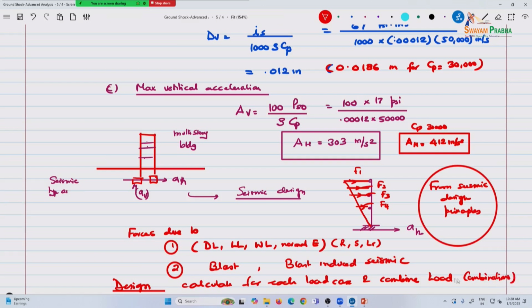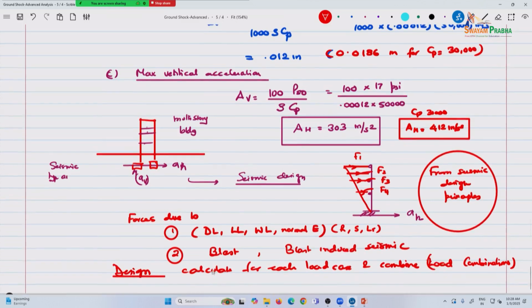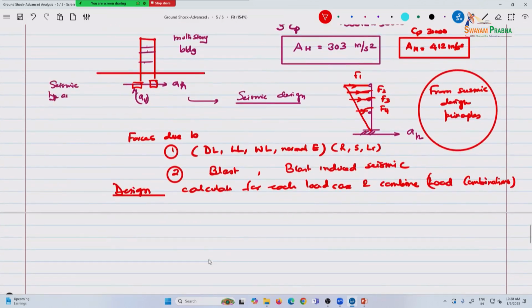Although they are not occurring all at the same time, this is the only one of the logical procedures to combine all of them and design the structure for all these effects, because they are not synchronous, and it's difficult to really find what the actual forces are going to be at any given time. So this could be one of them, an approach.